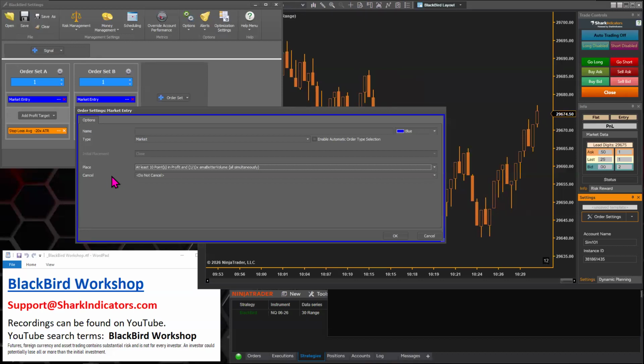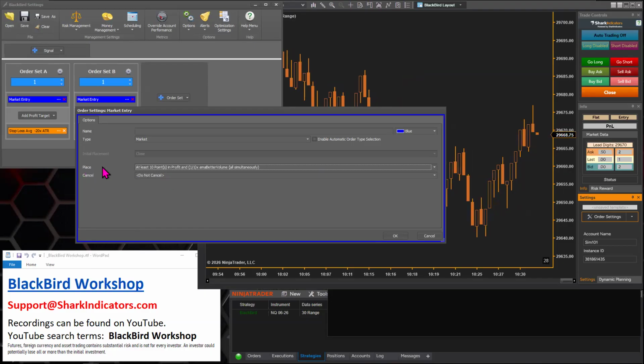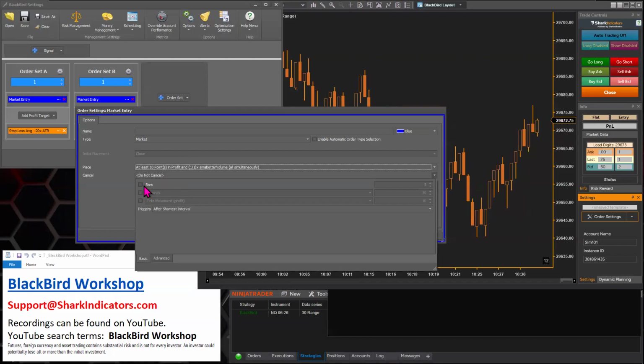Blackbird isn't going to randomly decide that this scale-in order is no longer valid. You have to tell the software when something is not valid. So always remember that whenever you use the place option, you also have to use the cancel option as well. So you'll have to figure out when this scale-in is no longer valid.